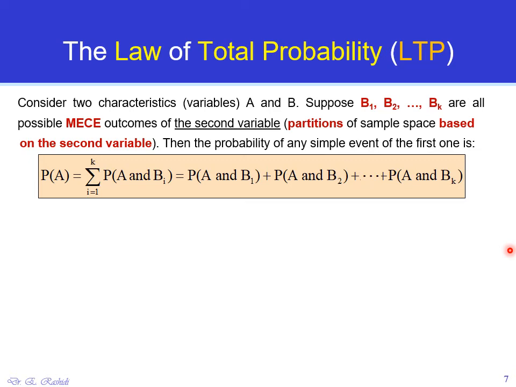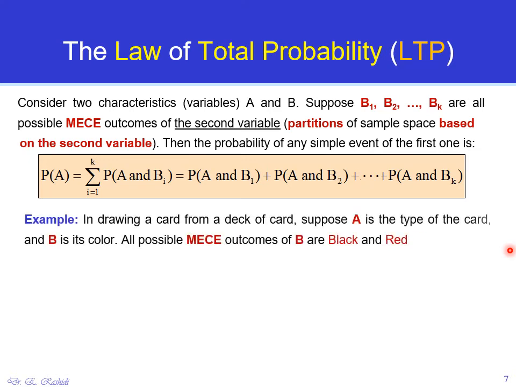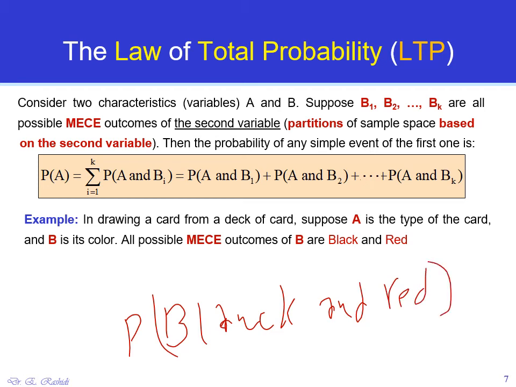To explain this better, let's actually look at an example. In drawing a card from a deck of cards, suppose A is the type of card, and B is the color of the card. All the possible mutually exclusive and collectively exhaustive outcomes of the color variable are black and red, right? That's the only two colors that we have. The probability of a card being black and red is 0. We cannot have a card that is both black and red.